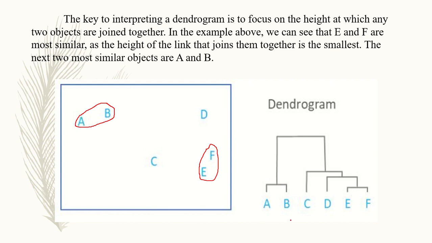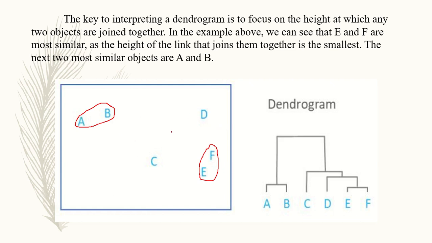At this stage, how many clusters? 1, 2, 3, 4. So 4 clusters are there. AB is one cluster, C is one cluster, D is one cluster, and EF is one cluster. Next we look for the smallest distance between these clusters.